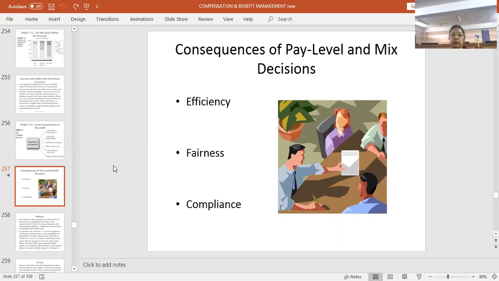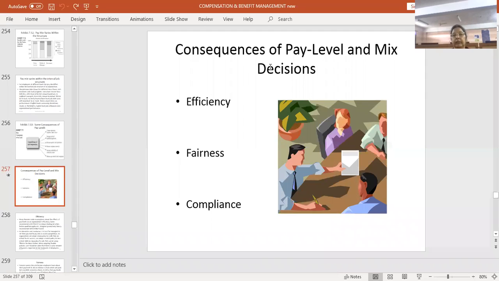So the other consequences of pay level and pay mix decisions is that your organization will become more efficient in its performance. It will be considered as a fair paymaster by the employees. The employees will think that they are getting fair treatment from the company. So there will be increased compliance by the company. That means the company will follow the labor laws and the rules and regulations in the country regarding compensation and labor.